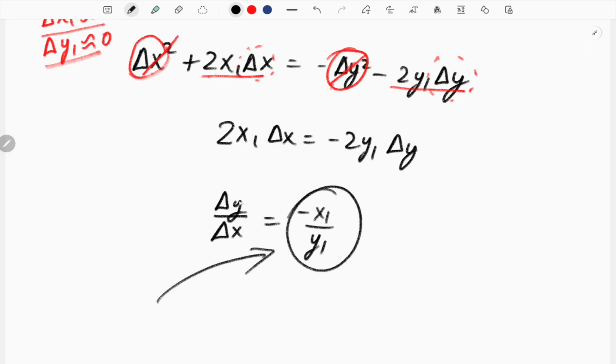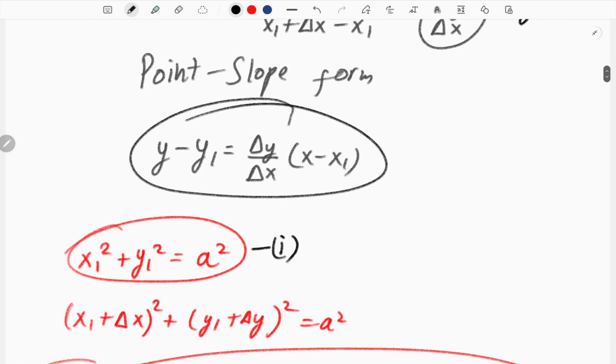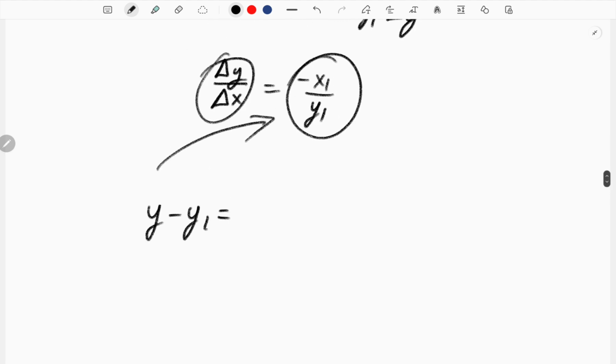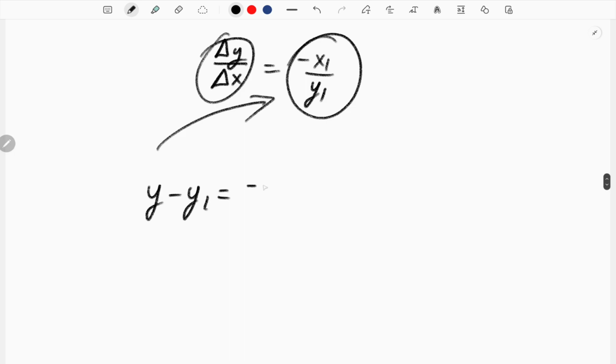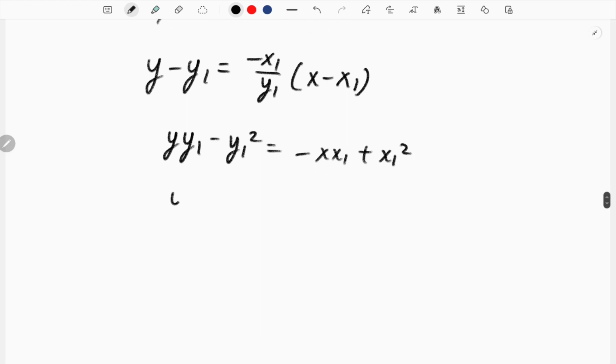So that is a replacement for our slope, which is here, and taking that, y minus y1 is equal to delta y by delta x, which is now minus x1 by y1, times x minus x1. We get minus xx1 plus x1 squared. Rearranging the terms, we get y1 y plus x x1 is equal to x1 squared plus y1 squared.